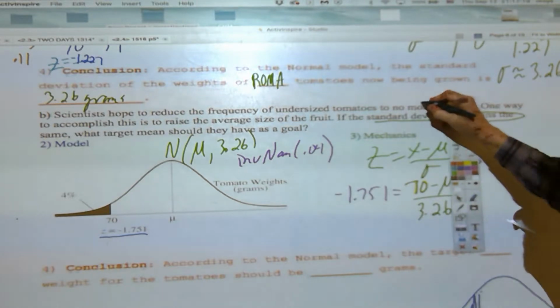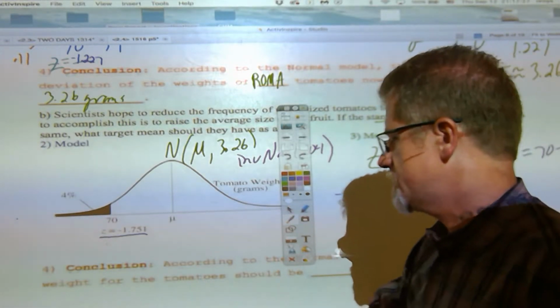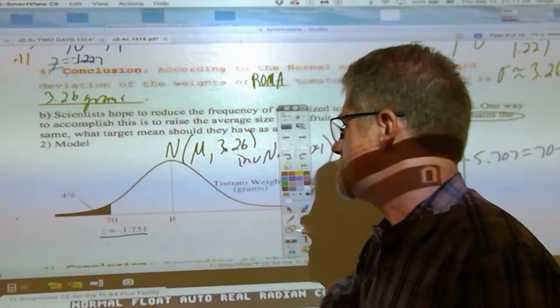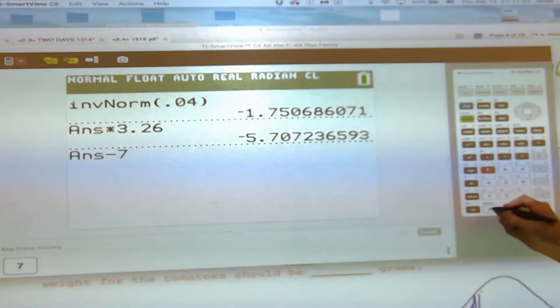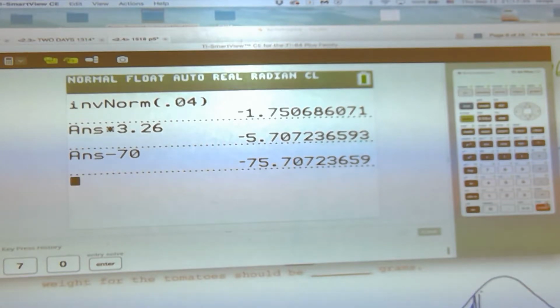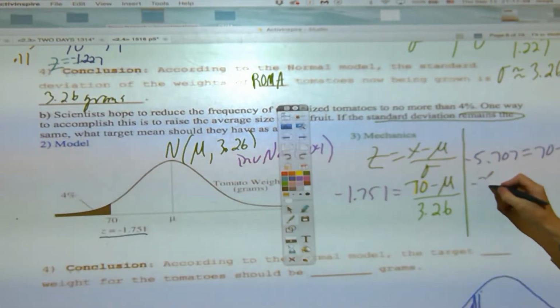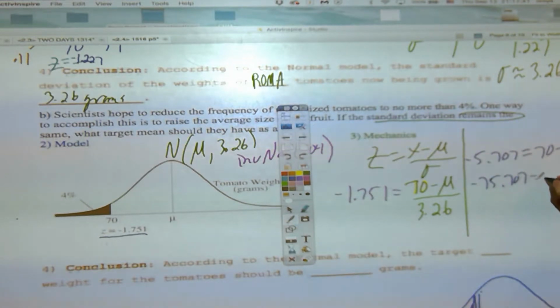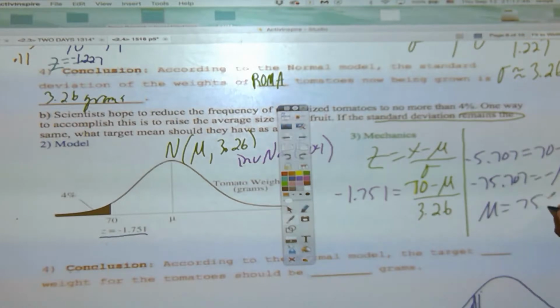There's some rounding here, but we allow for that. That equals 70 minus mu. Next, I'm going to subtract 70 from both sides. On the calculator, that's not too tough, because all we have to do is press minus 70. We're up to negative 75.707. So negative 75.707 equals negative mu. Multiply both sides by negative 1 to get 75.707.